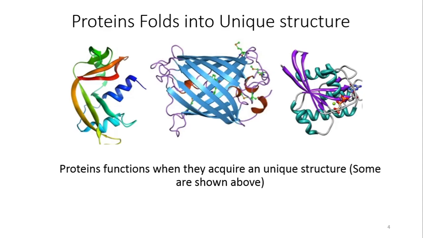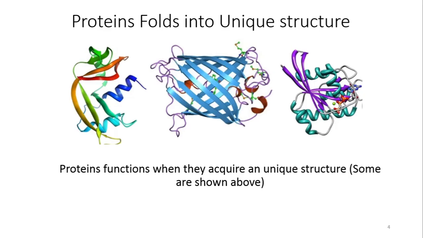It is now a common understanding between us that proteins fold into unique structures. Unless and until the protein acquires a unique structure, it cannot function. The functionality of a protein is completely dependent on how it folds.